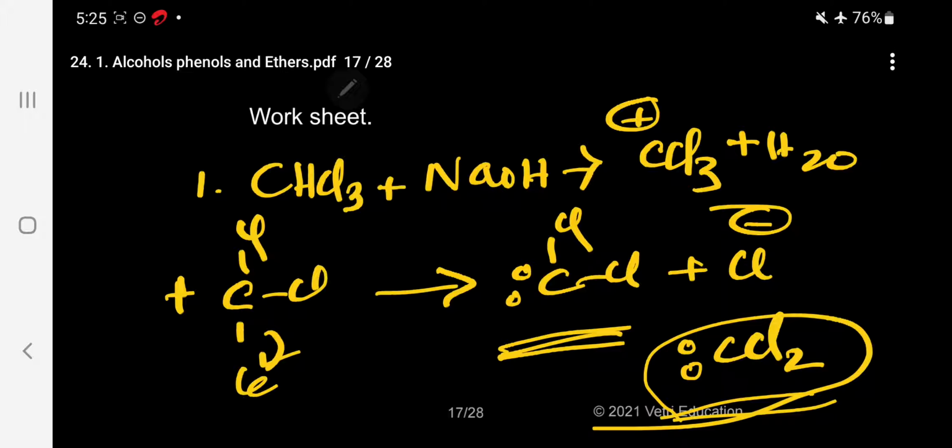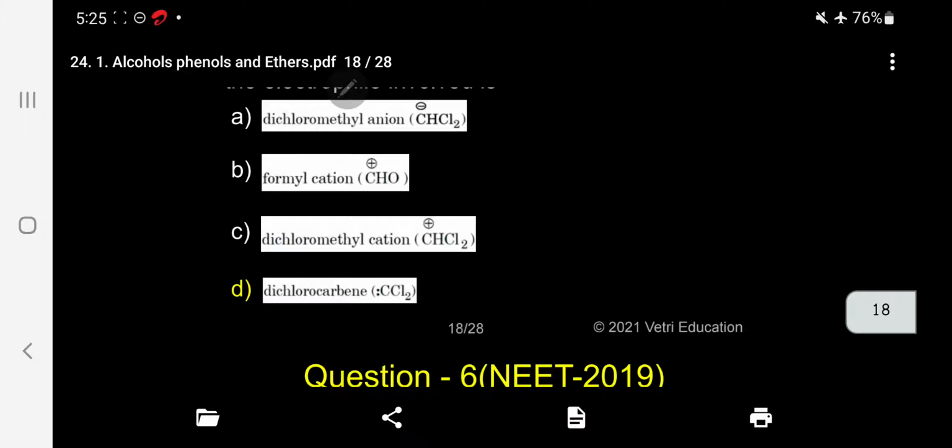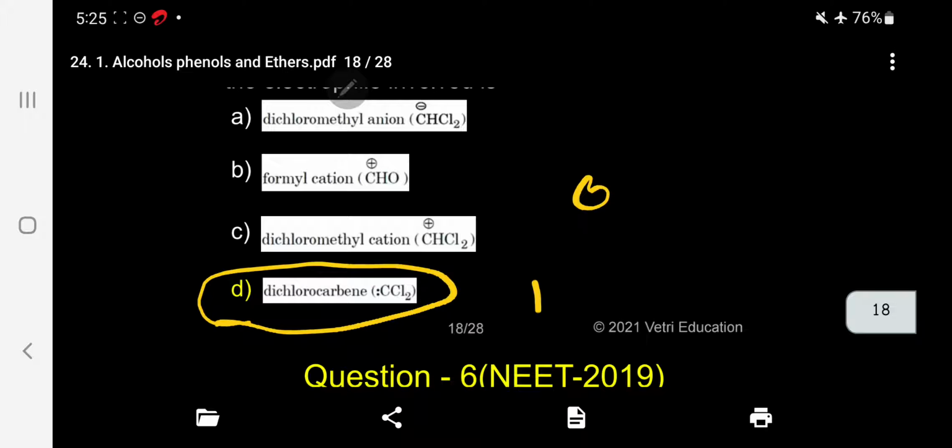From the CCl3 minus, one chloride goes out, becoming neutral, and the intermediate is formed. So going to the options, the answer is D, dichlorocarbene. That is the correct answer.